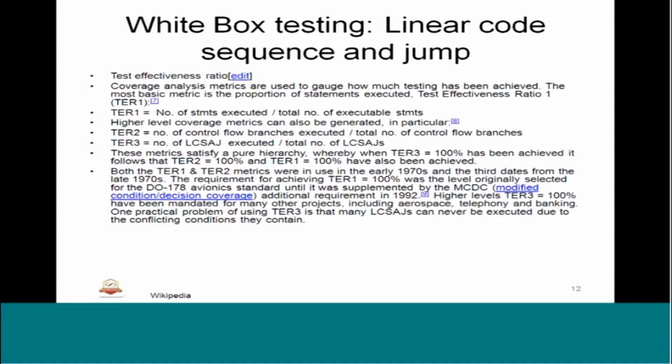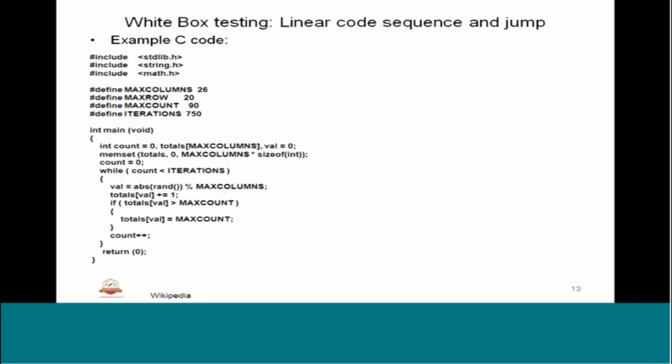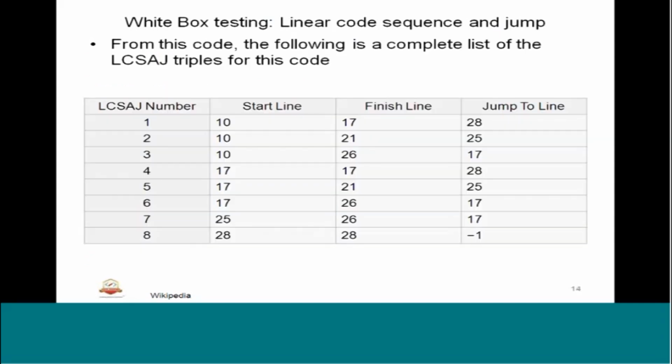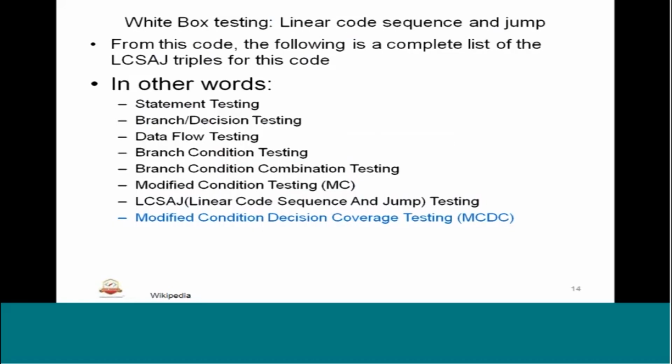The last one is LCSEJ executed. They used to use it initially, but nowadays they use the other type of testing. We also went through some examples, and there is an LCSEJ table where the total number of LCSEJ numbers with the start line, finish line, and the jump line will be addressed.